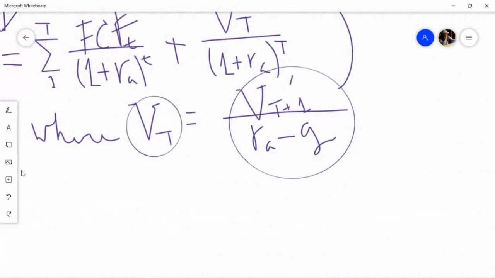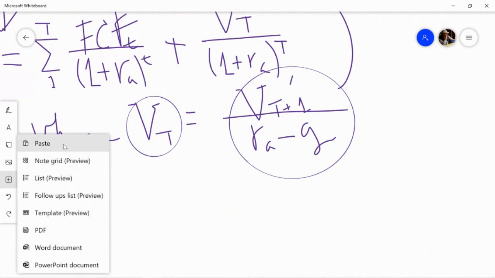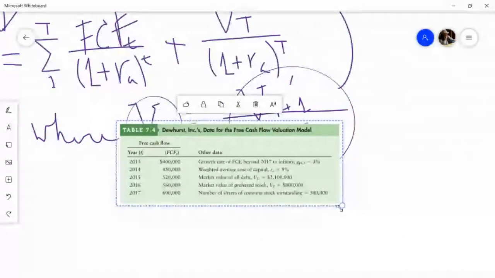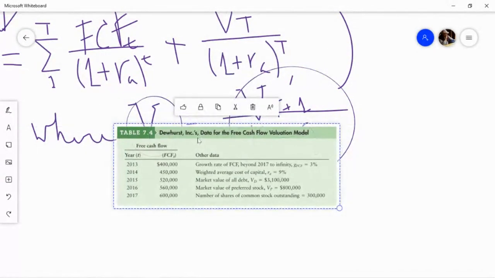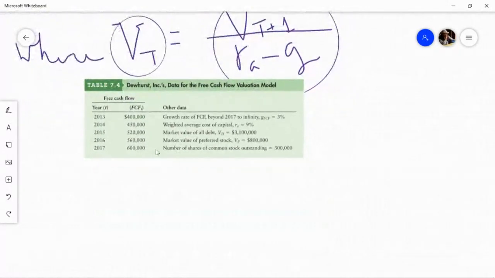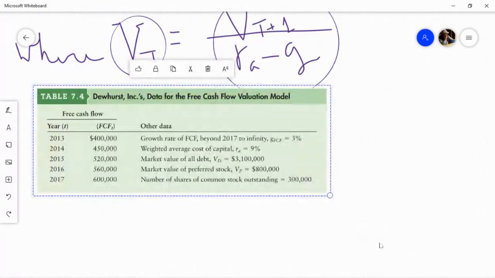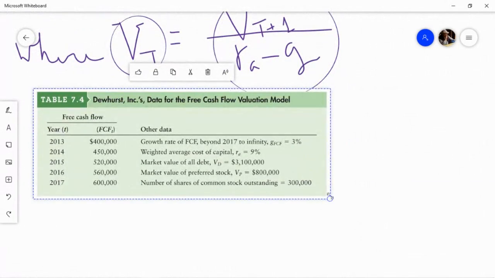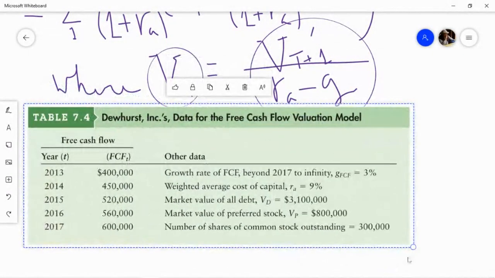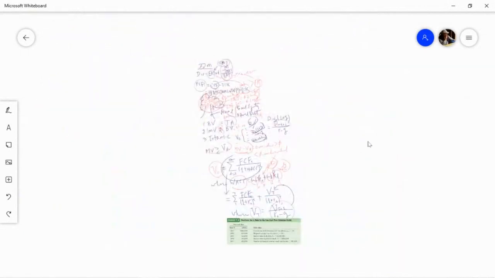Can I paste it here? No, I don't think I can. Oh, insert, maybe I can. Paste. Oh, okay. All righty. All right. At least, being able to do this is good. Yeah. What?